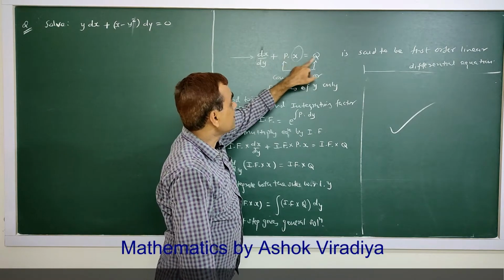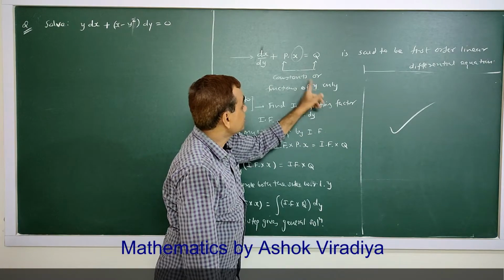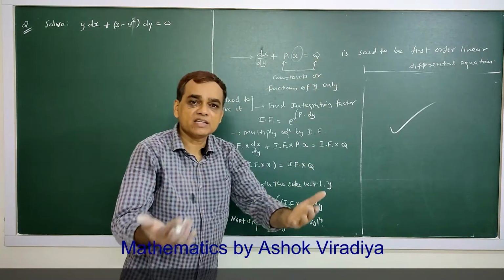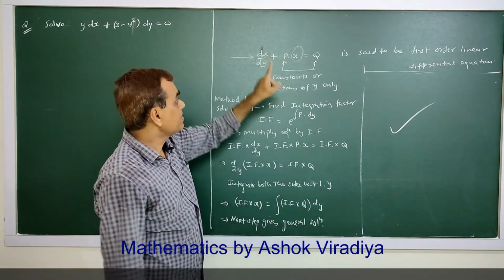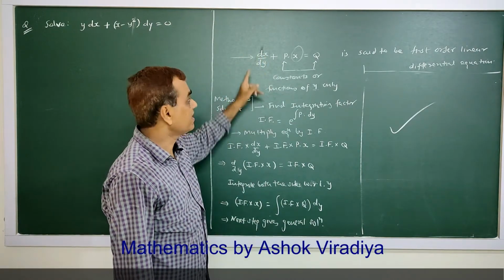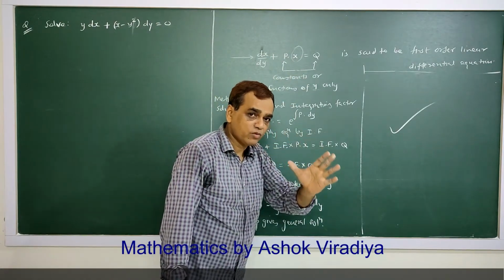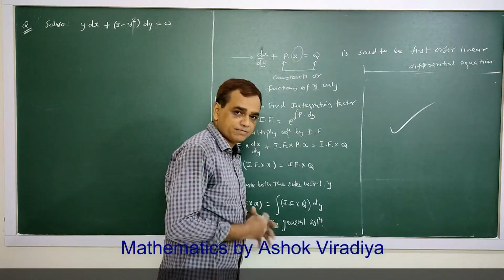Here p and q are functions of y only. So p and q include y, no x. And here dx by dy is the first order derivative, and if you find only x in that equation, then this will be applied.